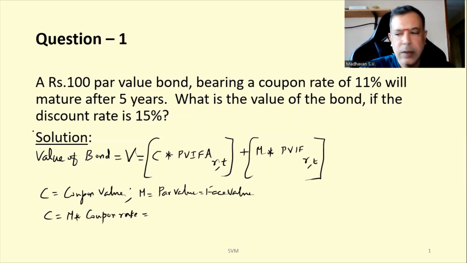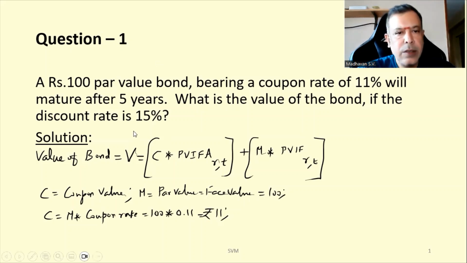M is given in this question as 100, multiplied by the coupon rate, which is given as 11%, so 0.11. If we do that, we get rupees 11.